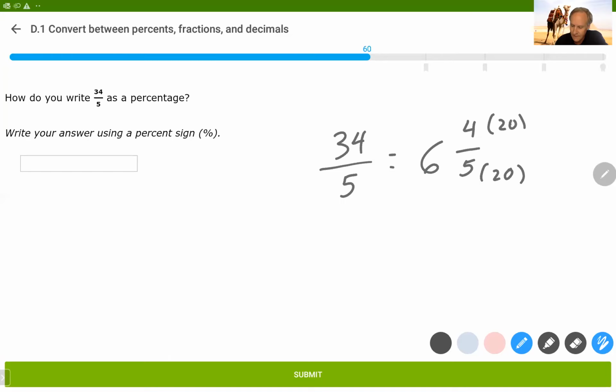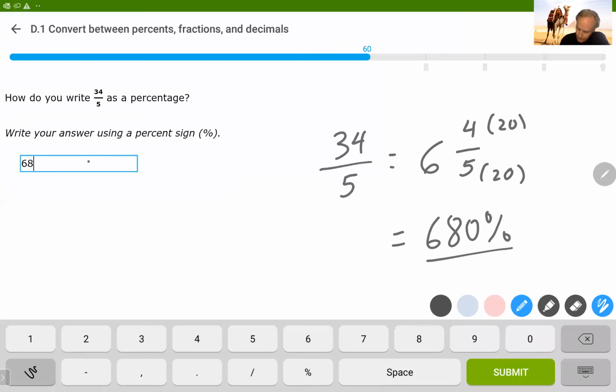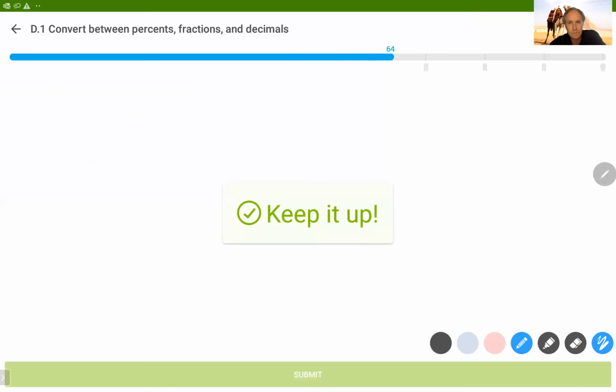What I do is I think of fifths as being 20 cents each. And if I have 4 of them, I have 80 cents. So we're looking at 680%. That should sound familiar. We just did that one. And I think I'm supposed to use the percent symbol. So there we have it.